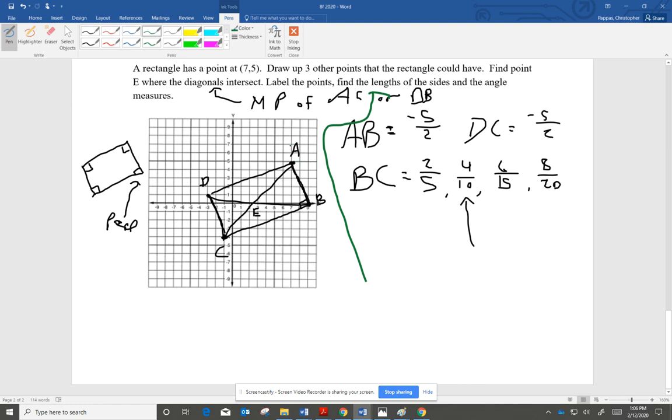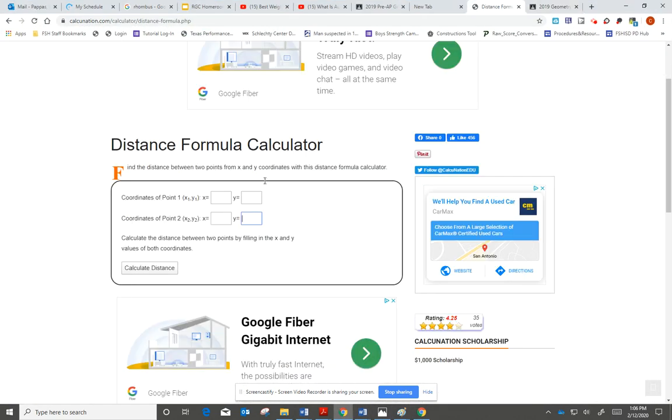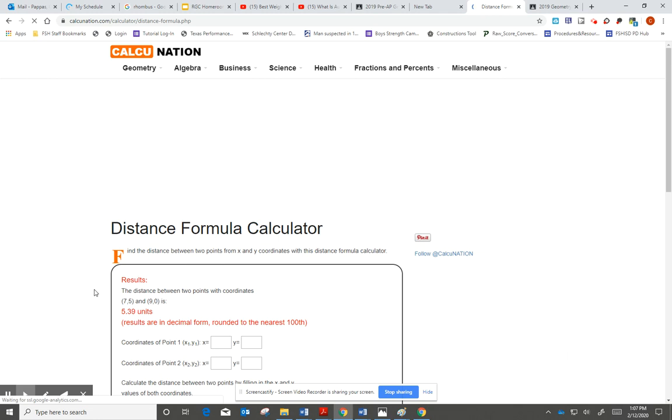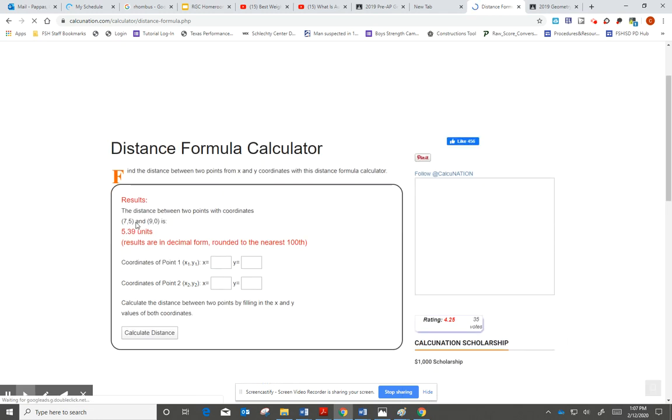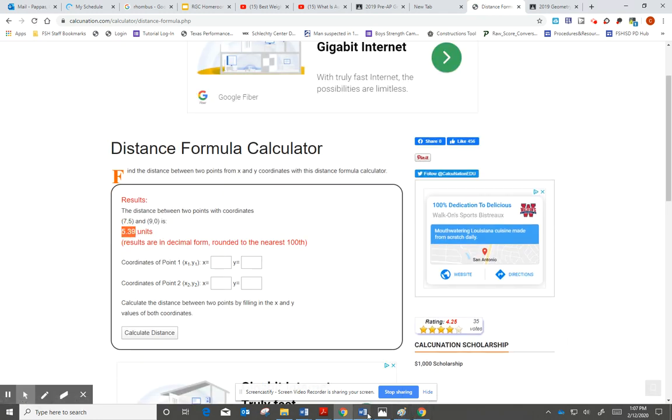Okay, so again, we can go to the distance formula calculator for that. So we have point A at 7, 5, and point B at 9, 0. So if we go to the distance formula, we just go 7, 5, 9, 0, calculate the distance, 5.39 units, so we'll call that 5.4.